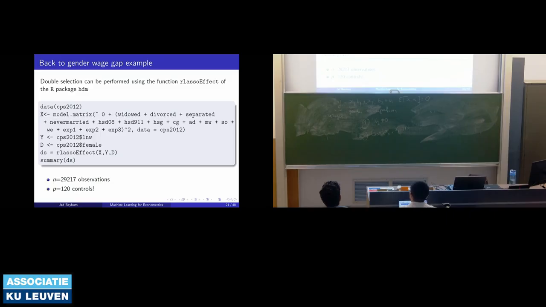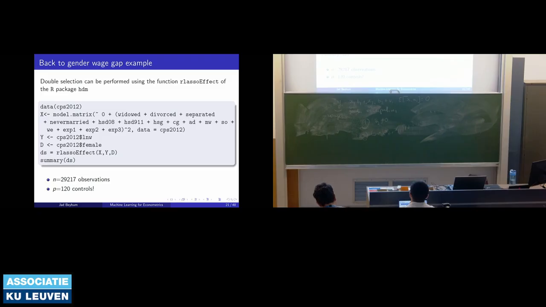And X are going to be all these variables: if you are widowed, divorced, separated, never married, if you have education of, I think this is more than 8 years, different types of degrees, if you live in the Midwest, for instance, and experience squared, experience to the power three, and we are going to take all the squares and interactions of these variables.